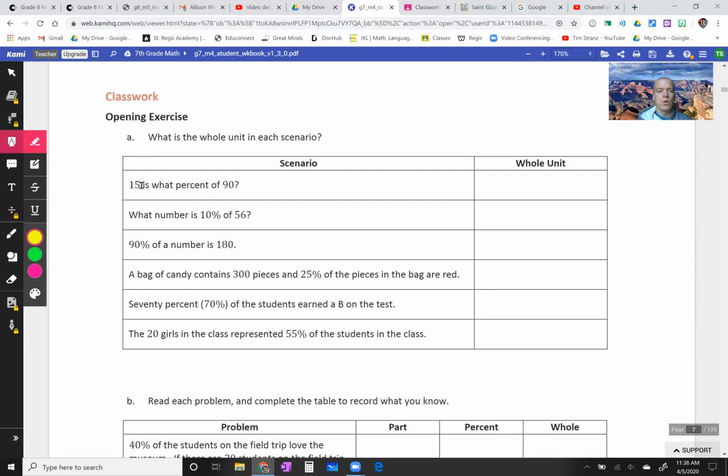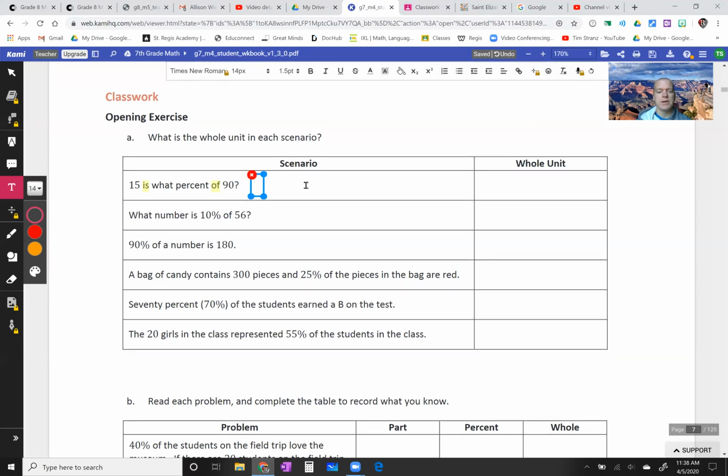Okay. In a word problem, what does the word is mean? Right? What does the word of mean? Okay. Think about those. So really what this is saying, I'm going to type it right here, is 15 is, is means equals, right? So 15 equals what percent? We don't know what that percent is.